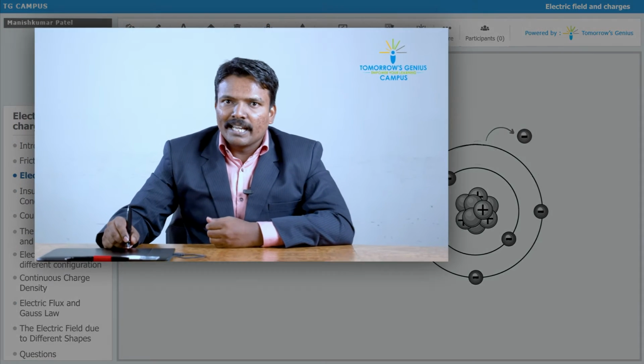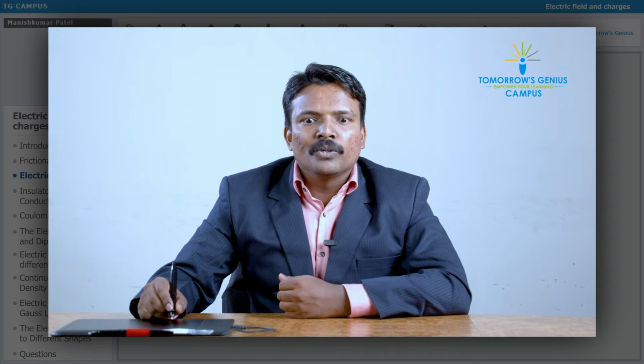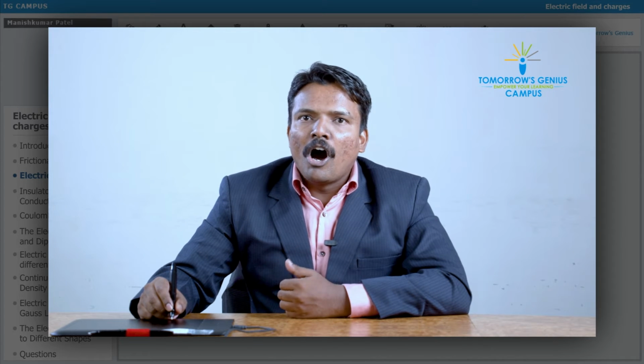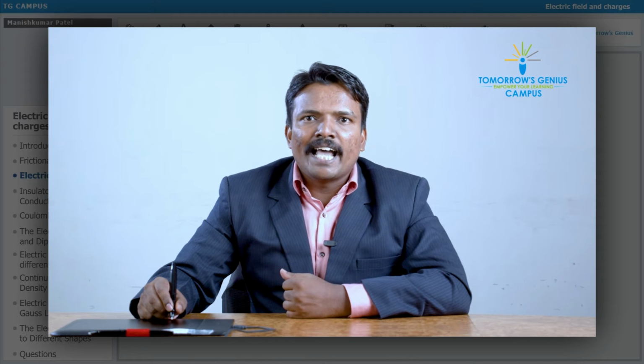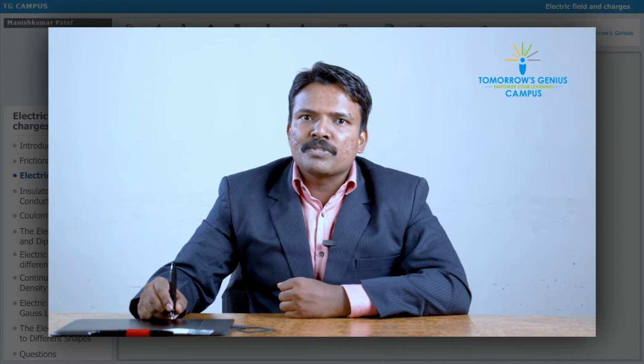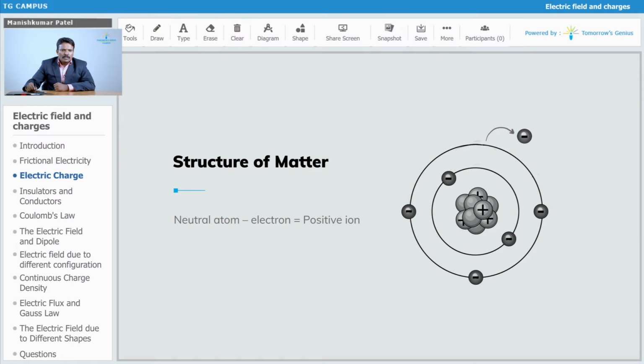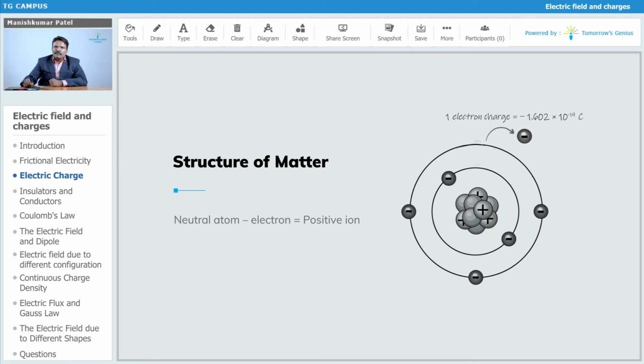That is where it generates electric charge, or you can say it has been converted into a positive ion. One or two electrons may leave the orbit, which results in the formation of an ion.